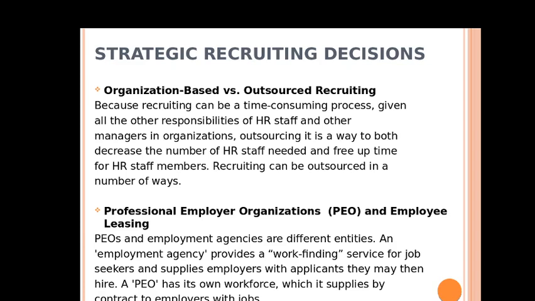An employment agency provides a work-finding service for job seekers and supplies employers with applicants they may hire. A PEO has its own workforce and supplies by contract to employers with jobs. So this is where leasing comes in.